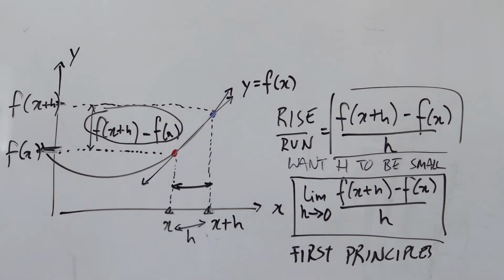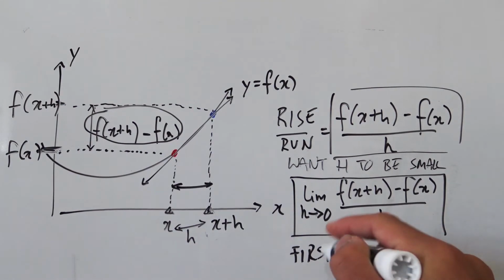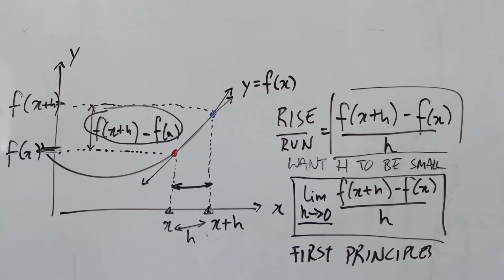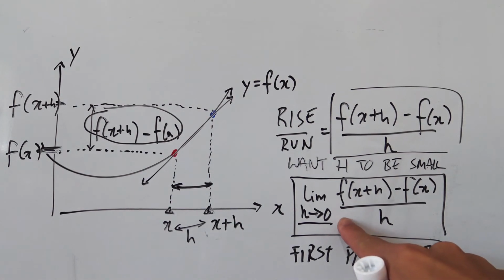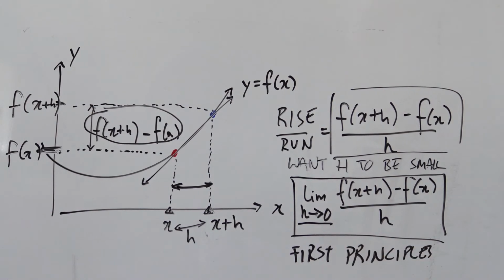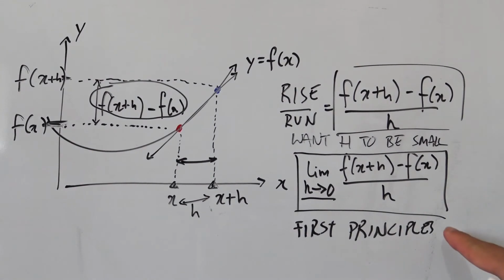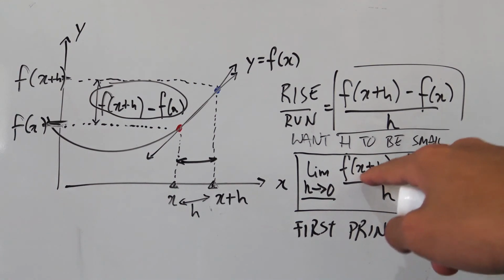One of the most important and innovative ideas about this expression is the limit. f of x plus h minus f of x all divided by h is just an approximation for our tangent line, but we don't want an approximation, we want the actual tangent line. So we have to see what happens as h gets smaller and smaller. Using first principles, we can select any function of x we want, and find the gradient at any point x that we want.